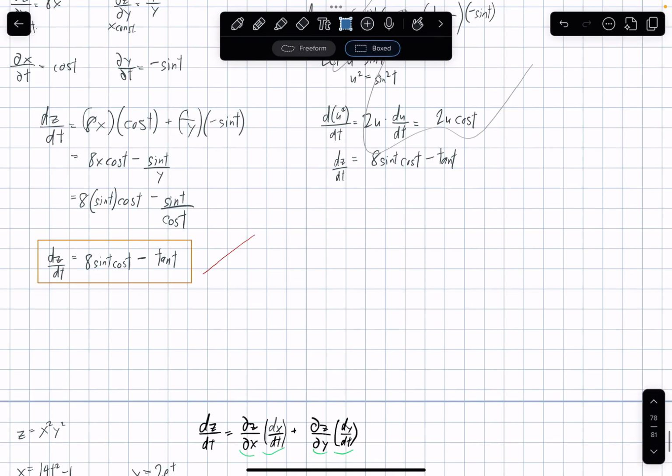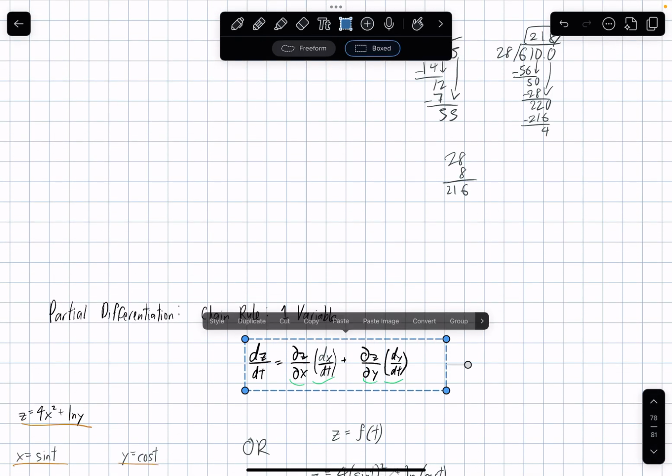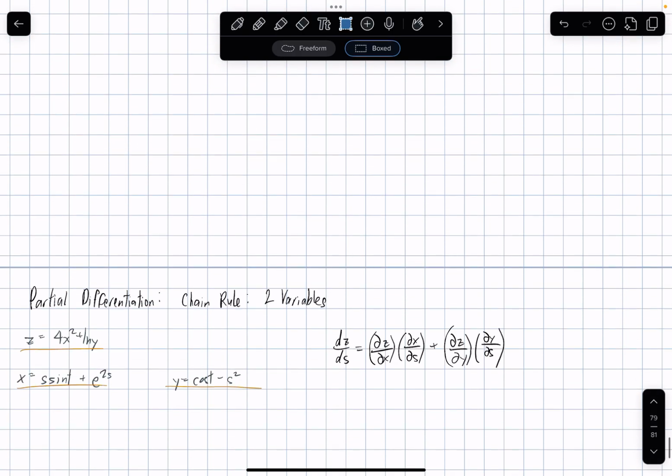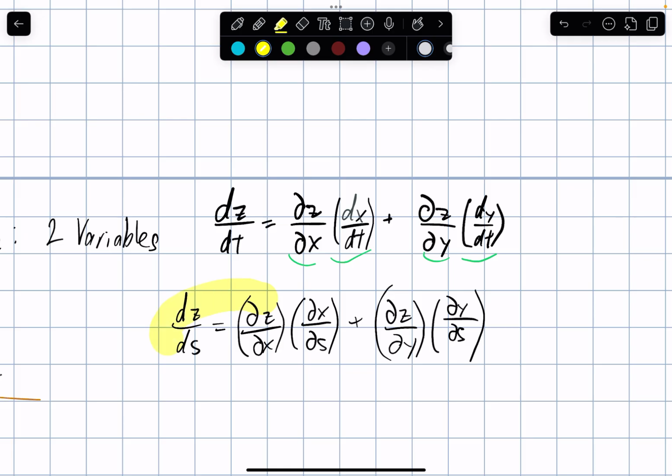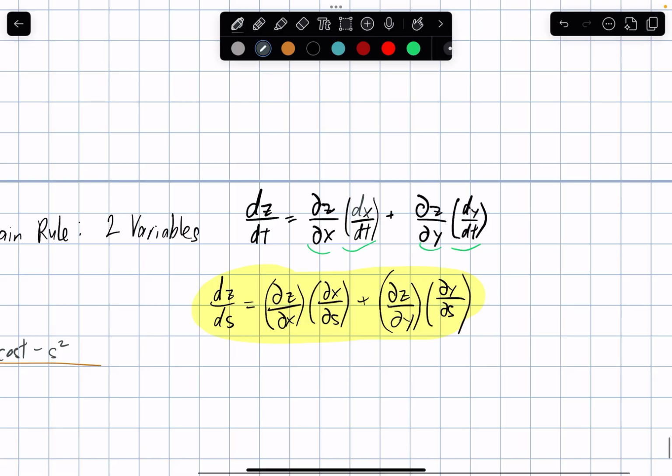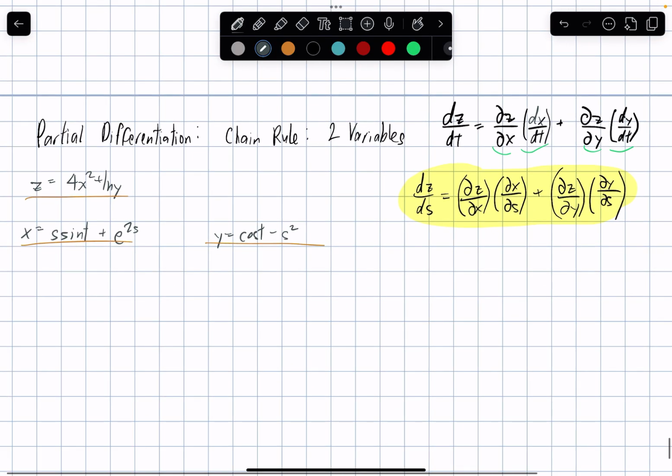So try to compare the difference between this formula from the one variable and the one that I just wrote. So go figure. It's wise if you are familiar at least with the formula, so you know what to do in the exam.